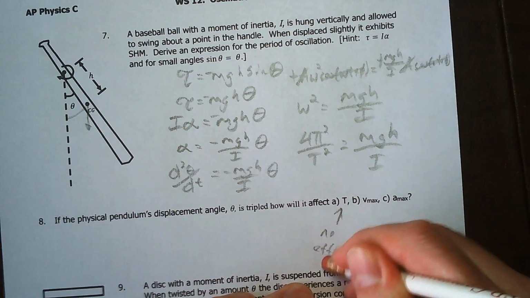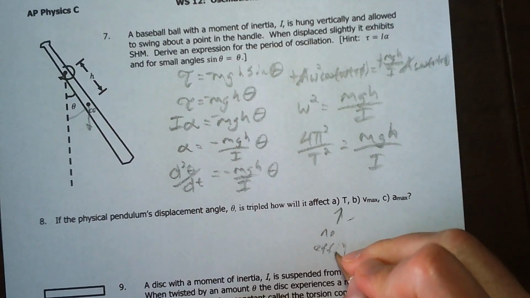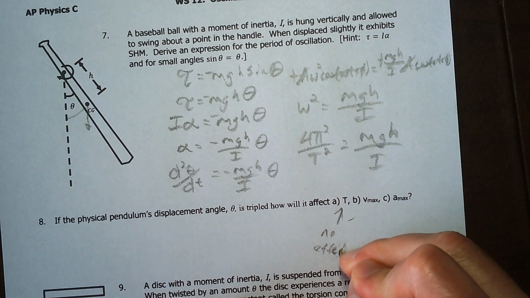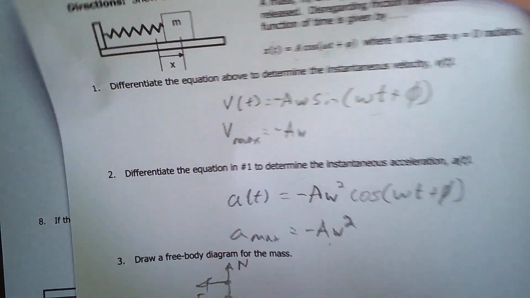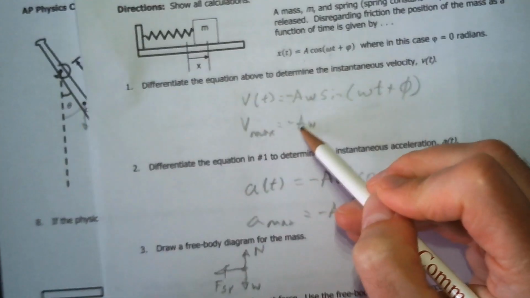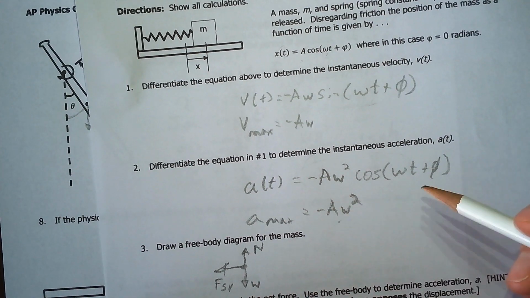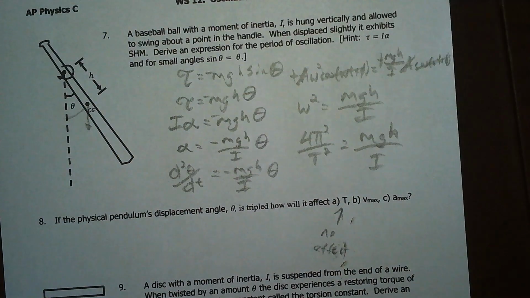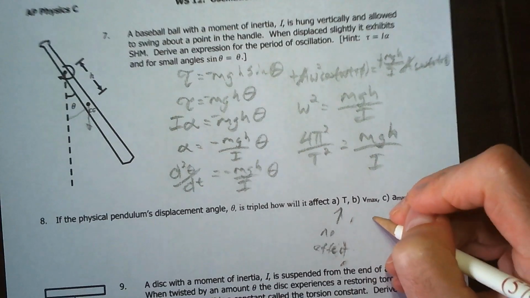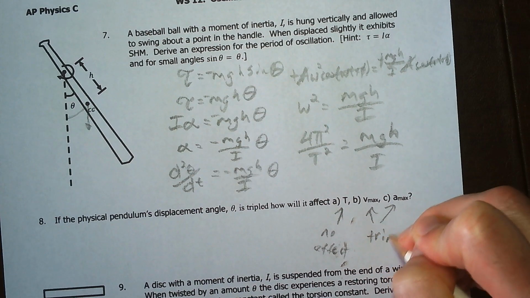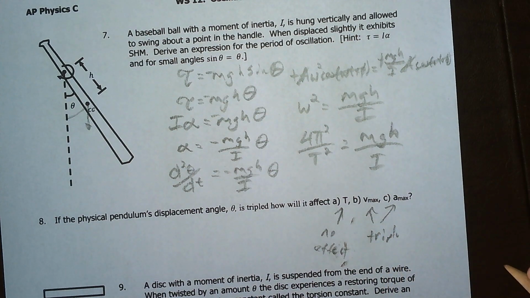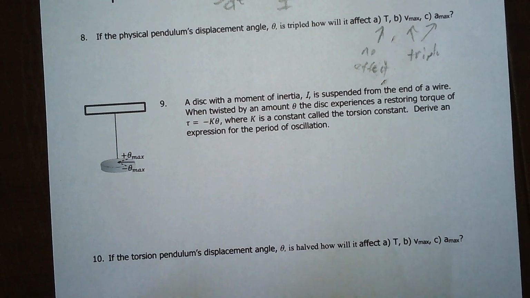But it does have an effect on the velocity and the acceleration, because they're both directly related to the amplitude, so they're both going to be tripled. The maximum will, anyway.